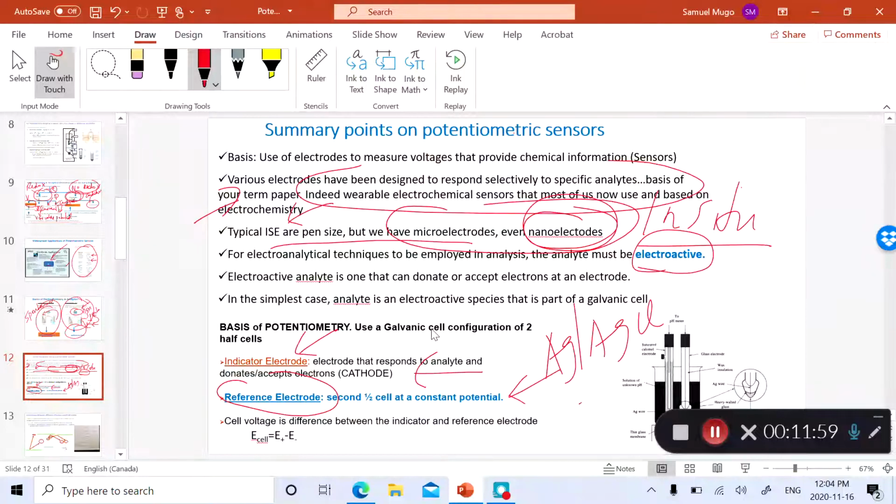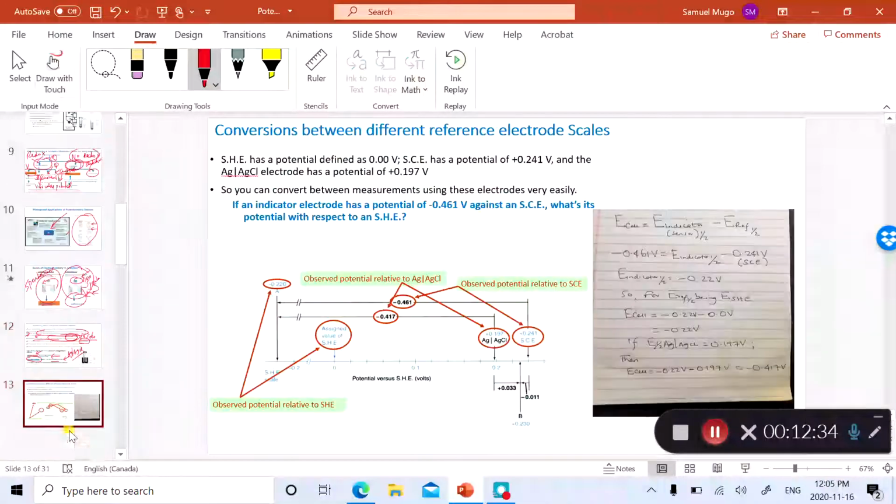The reference electrode means the potential is known and constant. So the E of the cell that you actually measure, the voltage of the sensor, is generated by taking the potential of the indicator electrode, which is the cathode, minus the potential of the reference electrode on the left-hand side, which is at a fixed and known potential, and that gives you the E of the cell.